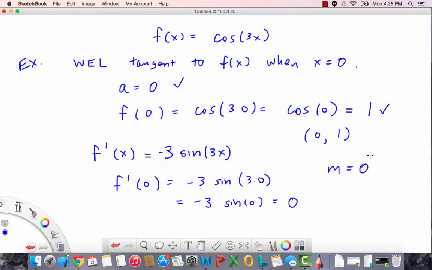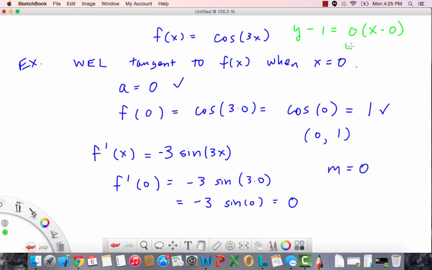So let's put this all together. We have y, let me change colors here. We have y minus y1 equals the slope times x minus x1.